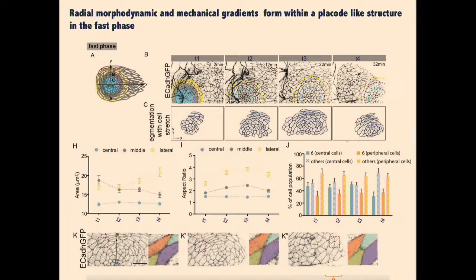And the more hexagonally packed they are, the less fluid or more rigid that group of cells is. So one of the things that we thought about was that maybe in addition to these shape anisotropy gradients that characterize the placode, there must also be a sort of difference in the relative fluidities of these zones of cells.